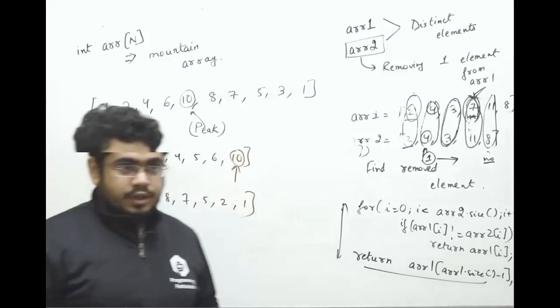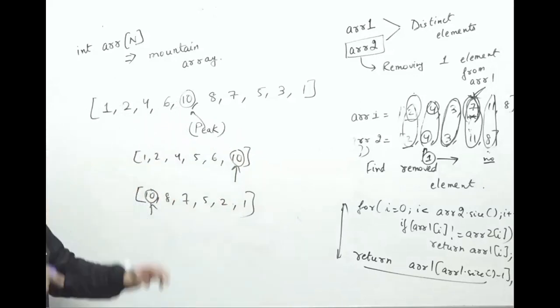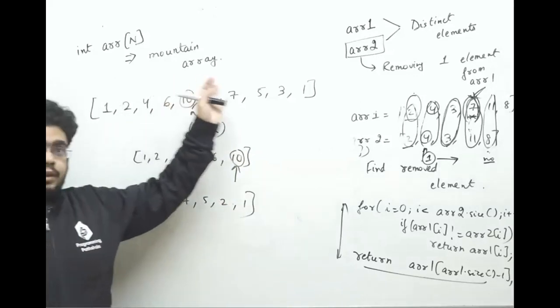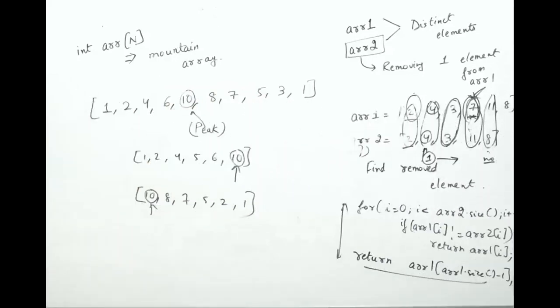These are possible corner cases where the first or last is the peak. But in general, there will be an increasing part and a decreasing part. Is the question clear to everyone? Let's think, what can we do?